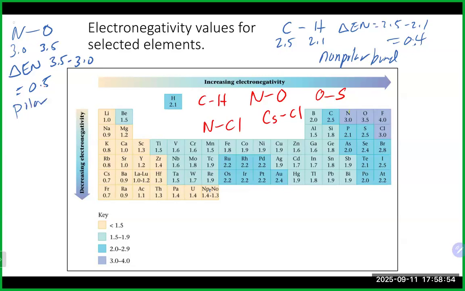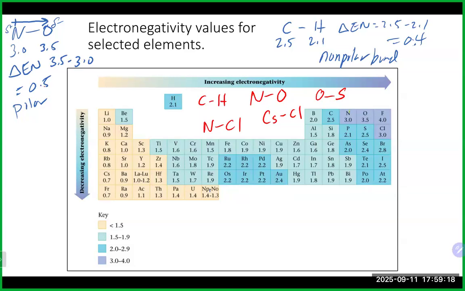It means we could draw our bond dipole arrow. It would be pointing in this case towards the oxygen, which has a higher electronegativity. That also means in this bond the oxygen would have a partially negative charge, and nitrogen a partial positive charge, due to the unequal sharing of electrons. Any questions on that one there?